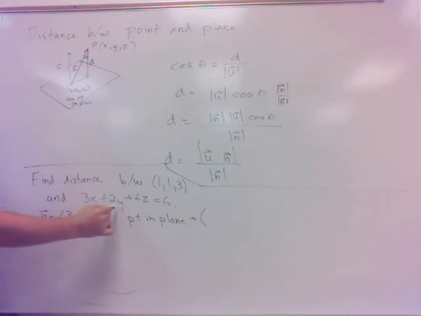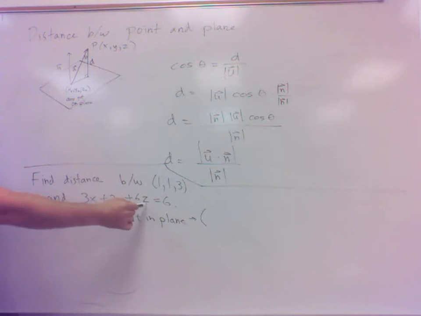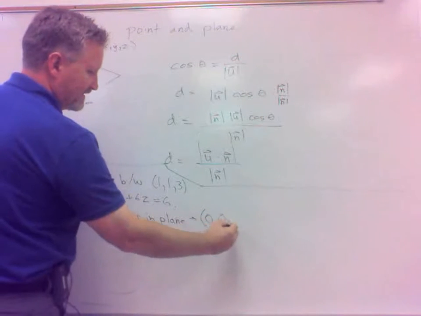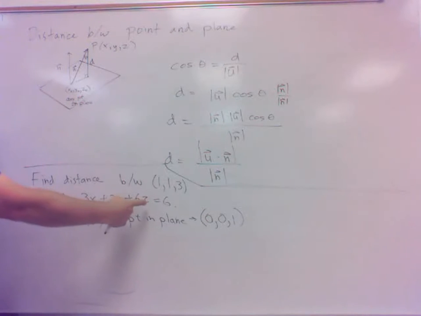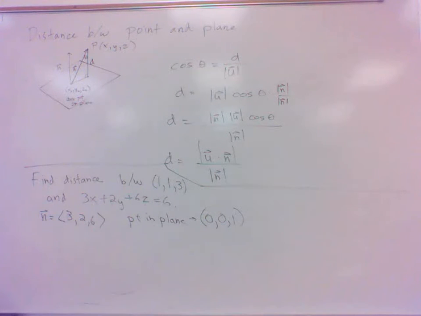Well, if I let x and y be 0, I've got z as what? 1. Okay, so just look for nice little points. We could do the same thing for y and z being 0. You could do either of the two zeros, and usually that turns out pretty good. But that's the one I saw when I was doing this.